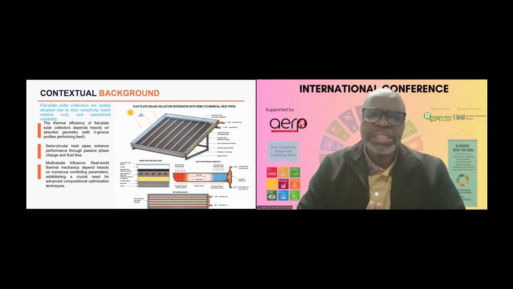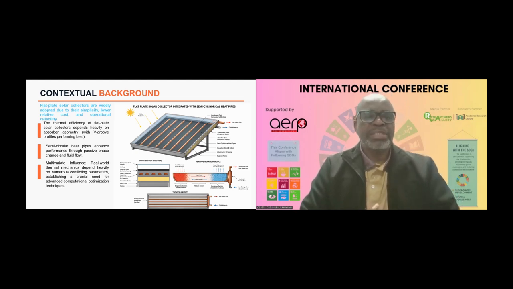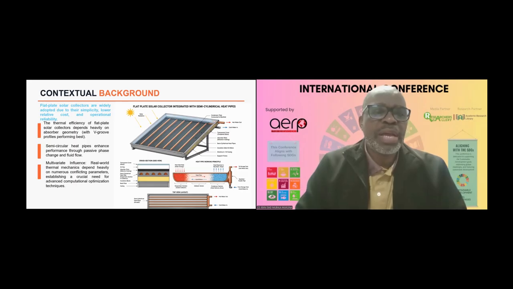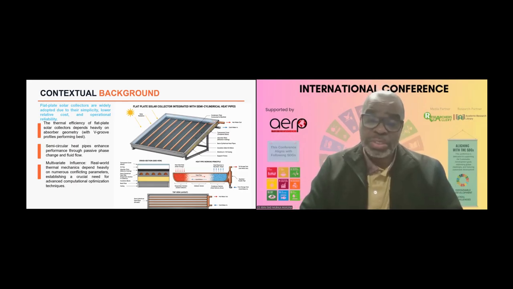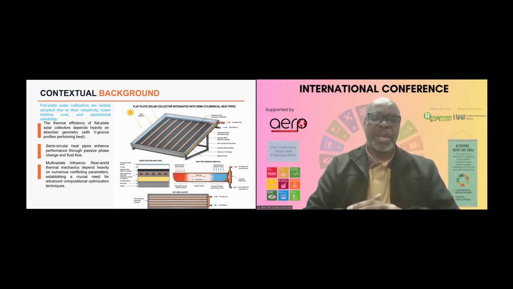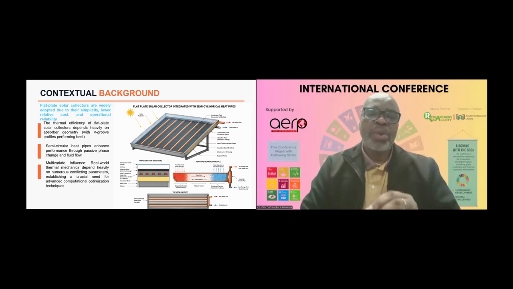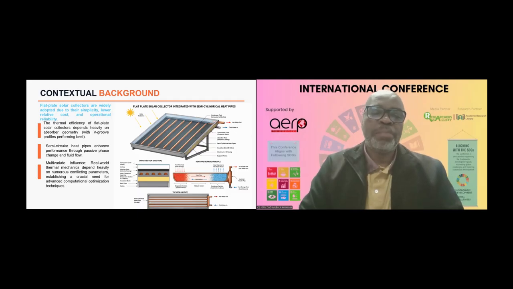And in this study, we are considering different absorbers. There is a flat plate, there is a V-groove, and a V-trough. So we are using 3 different absorbers to see which one will perform better, of course considering different parameters. Now, why are we going for this method of Grasshopper?